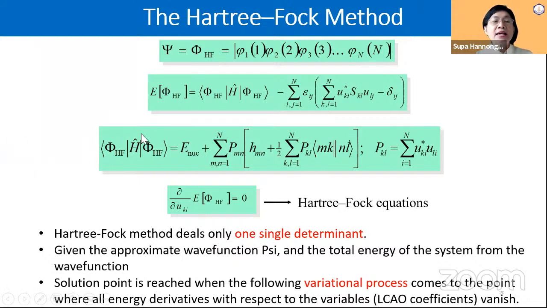So you can see some notation of the Schrödinger equation. Sometimes we represent it in this symbol, yeah? Bracket, wave function Hartree-Fock, operator H hat, and also the wave function Hartree-Fock. Actually, it is the integral term, yeah?